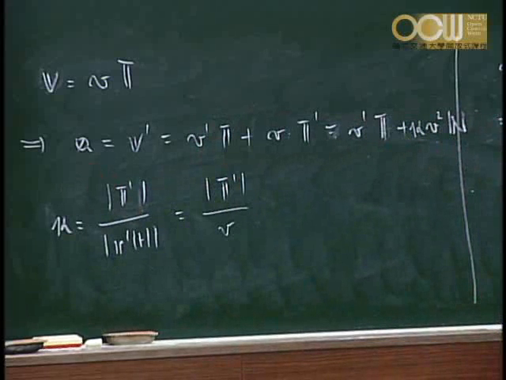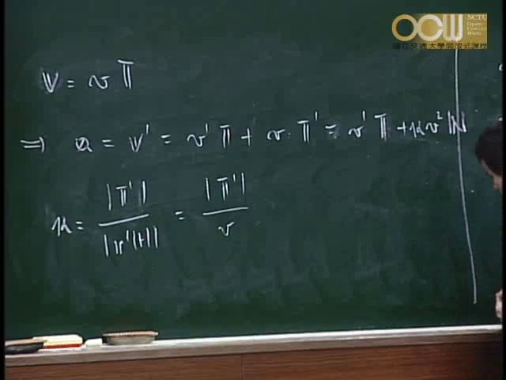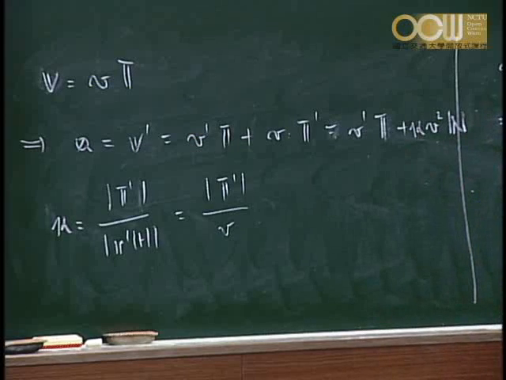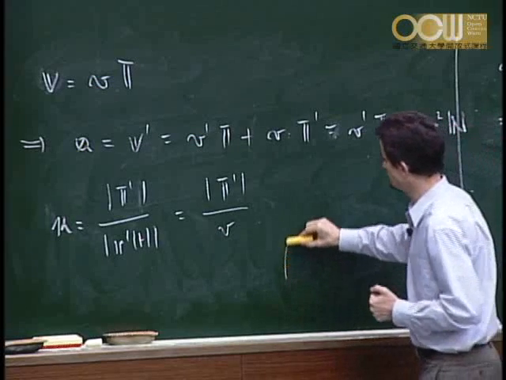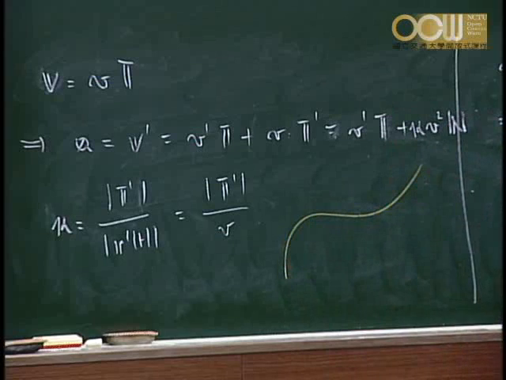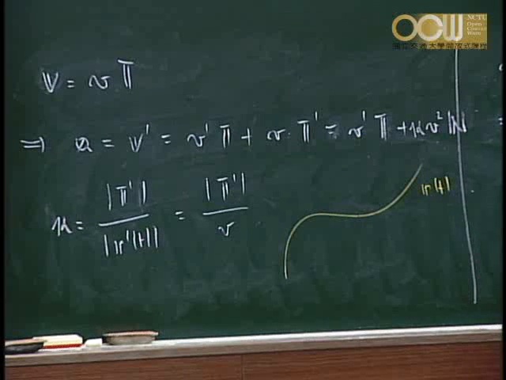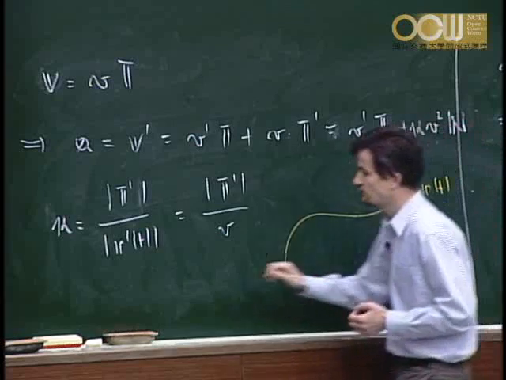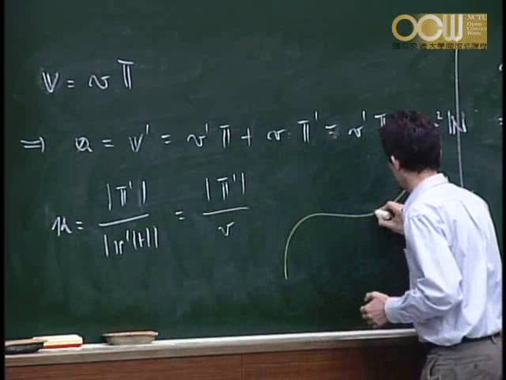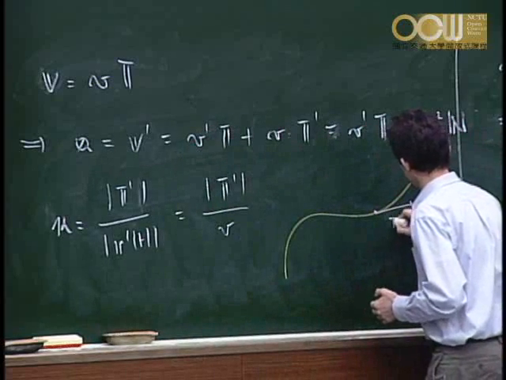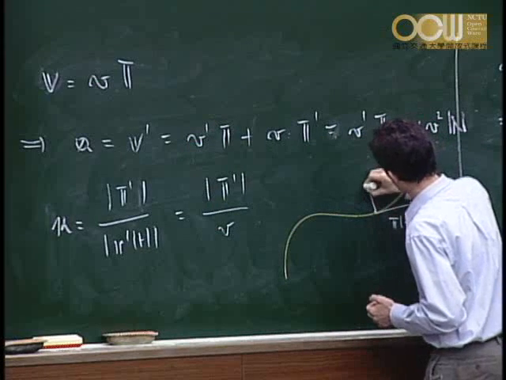If I maybe make a plot, this is the motion performed by some particle. This is the trajectory which is traced out by some vector function. And we have now, for some point, the unit tangent vector and the unit normal vector.